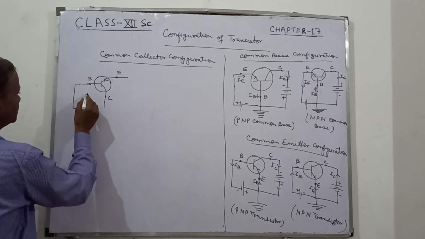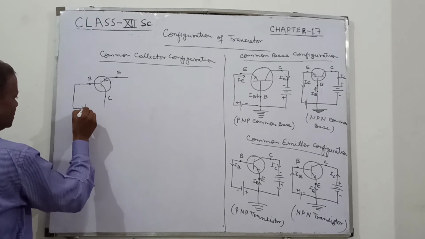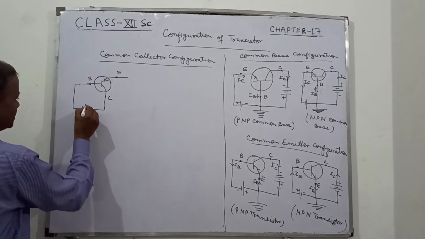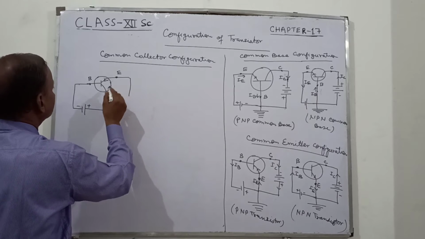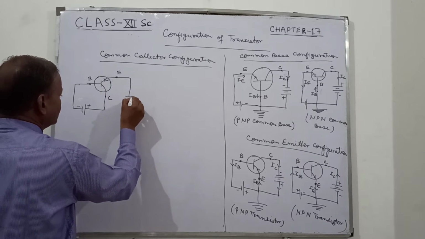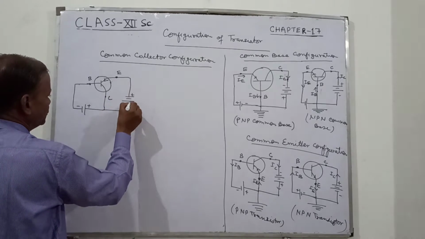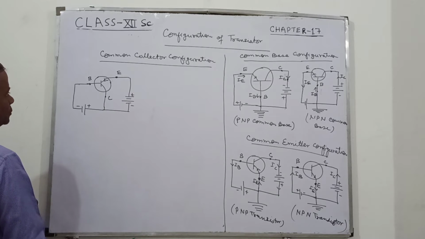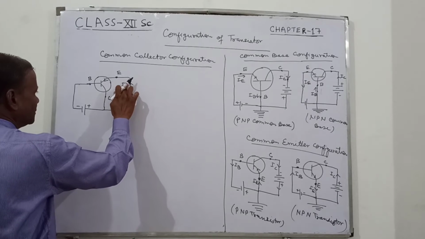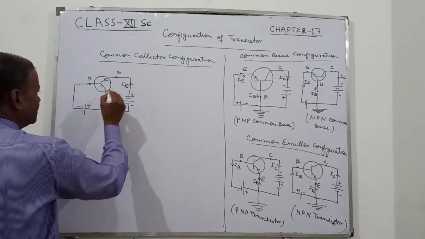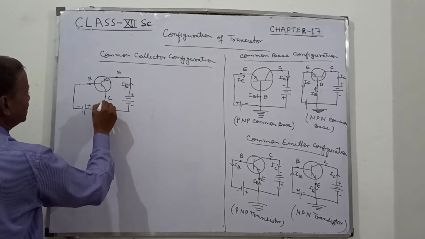Now here this is PNP, like this. This is positive, this is negative. So here the current is like this. This is IE. And here the current is like this.